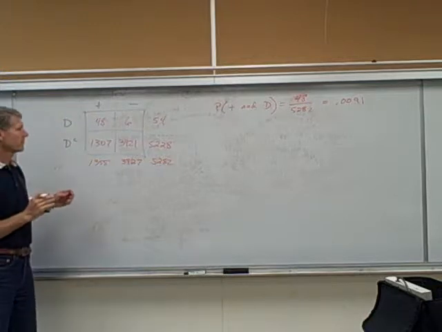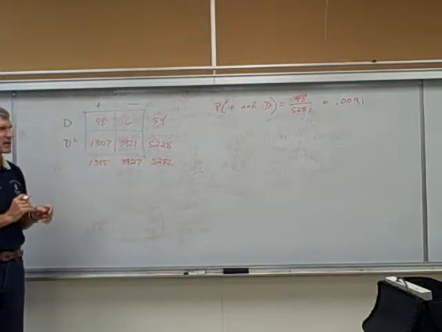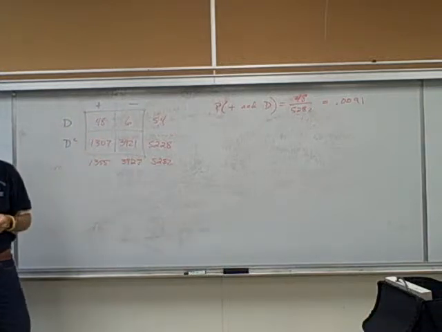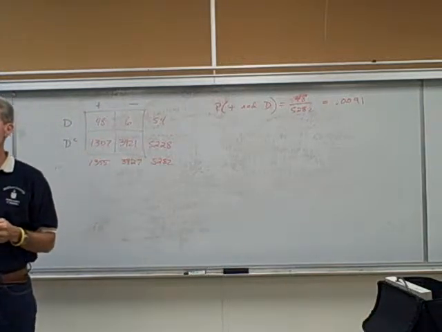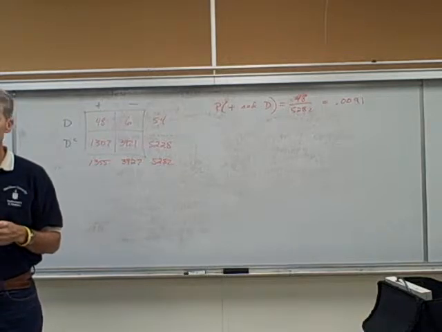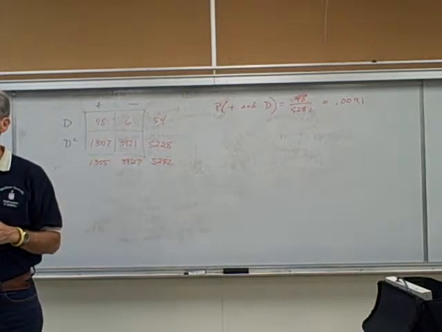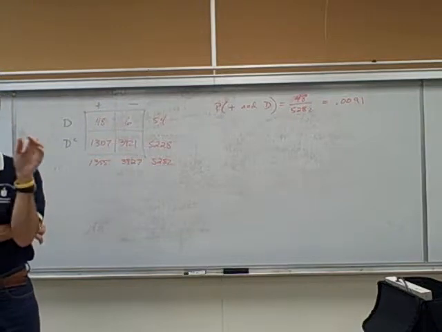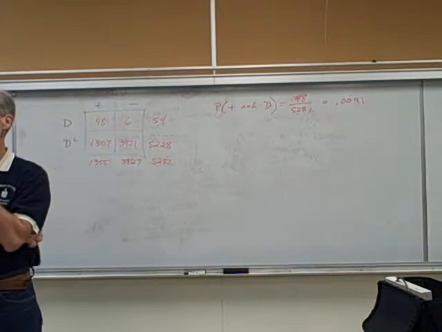Now, before I do any conditional probabilities and false positives and stuff, is testing positive and having Down syndrome, are those independent events? Now wait a minute. Everybody who was willing to give an answer nodded yes.